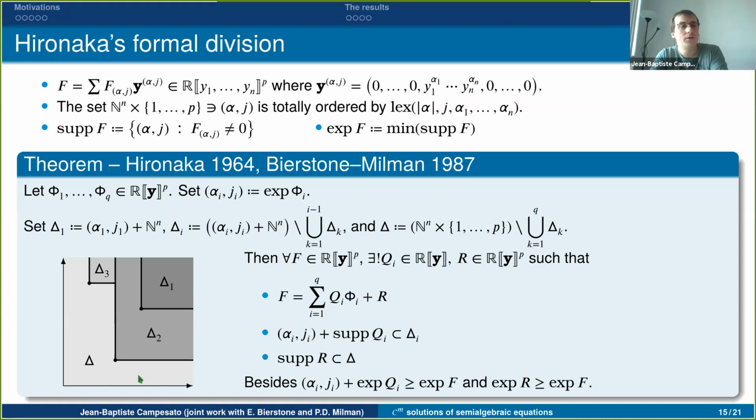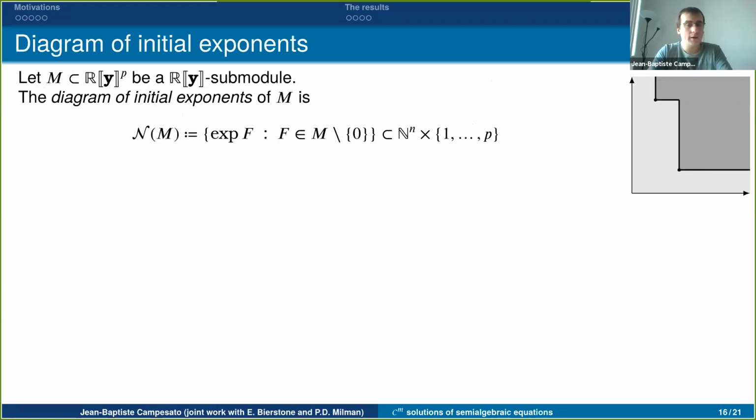And with this theorem, we can obtain something which is very similar to the notion of Grobner basis. So we start with a module M, that's a submodule of vector valued power series. For every non-zero element of M, I'm just going to put its initial exponent on this set.